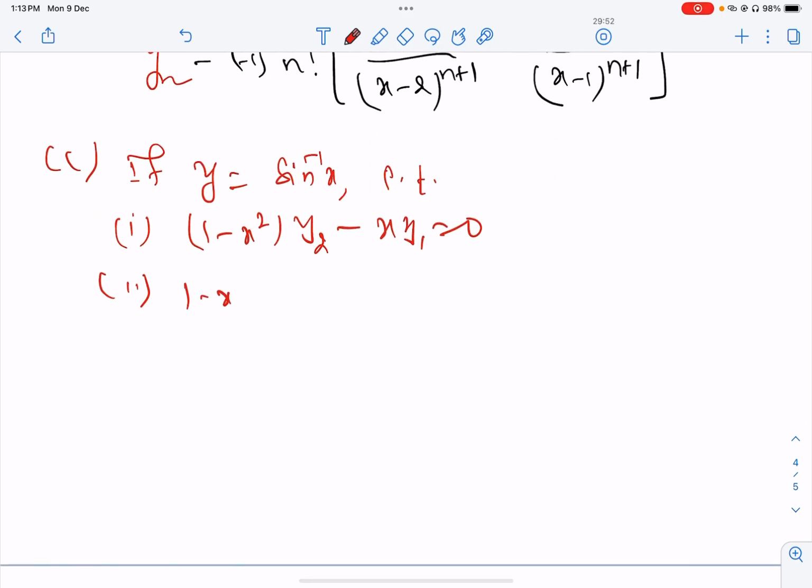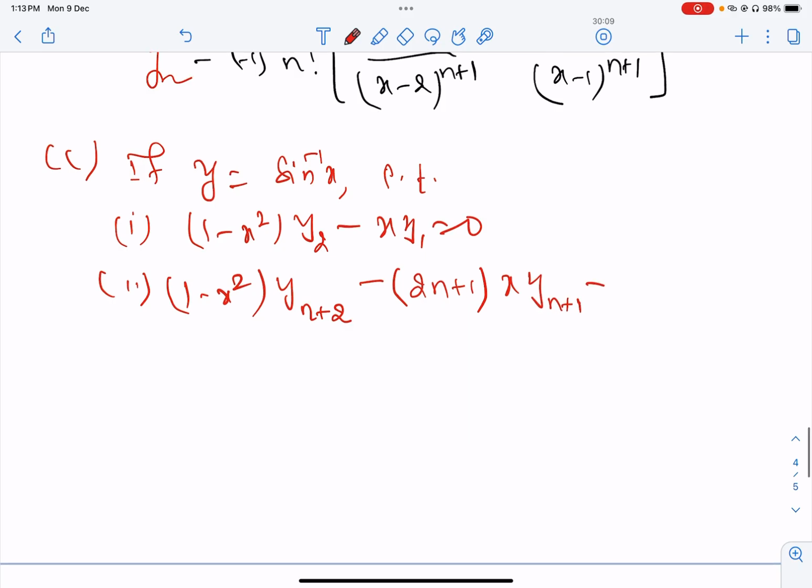Second, (1 minus x square) y n plus 2 minus (2n plus 1) x y n plus 1 minus n square yn equal to 0. That is of 3 marks.